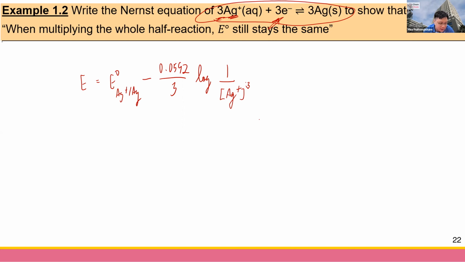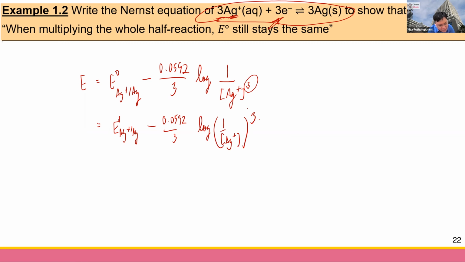All right, but now we have to rearrange. So this stays the same, and this is the exponent, right? And then you can use the properties of logarithm. So log of 1 over silver to the third, I can write as log of 1 over silver, everything to the third.